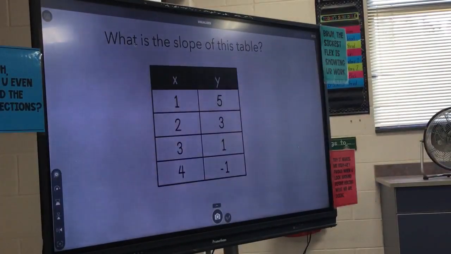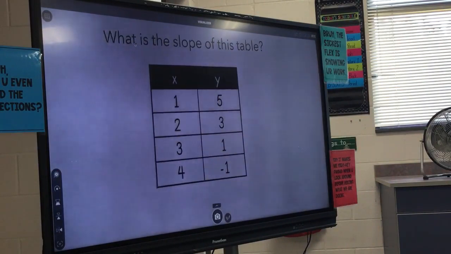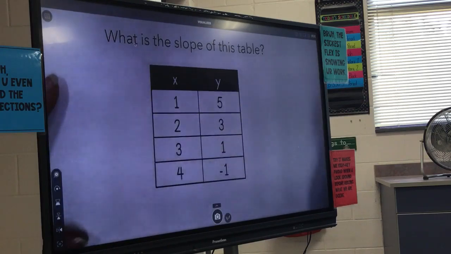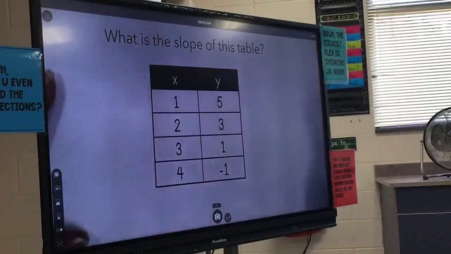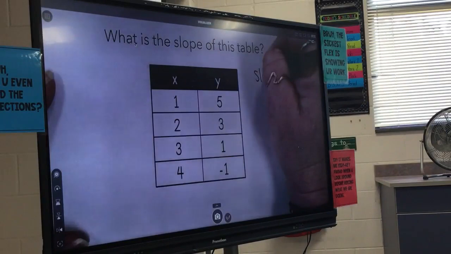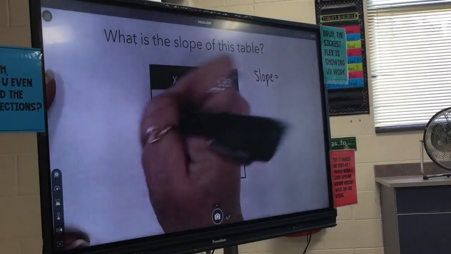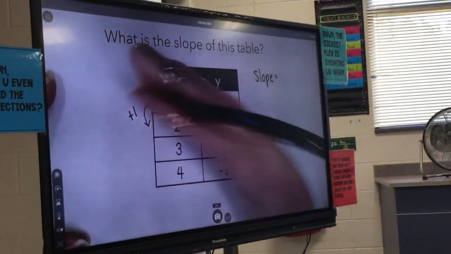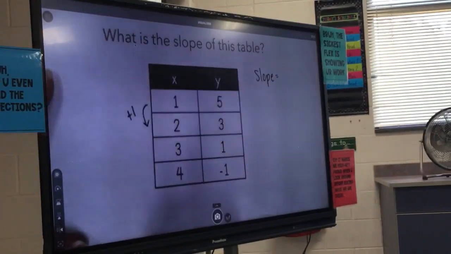Raise your hand and tell me, how do we find slope on a table? What do we do? How do we find slope on a table? Bash. See how much they go up or down. Okay. X would be +1. Does it have to change the same all the way down?